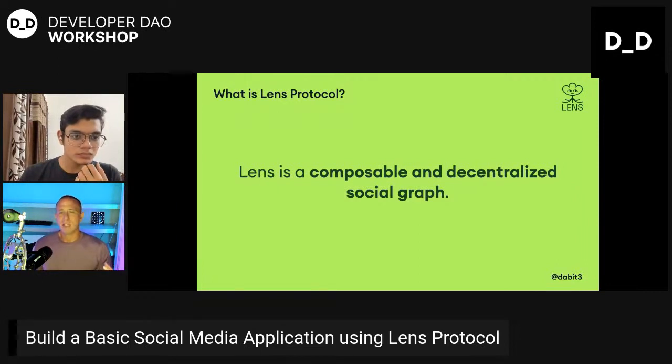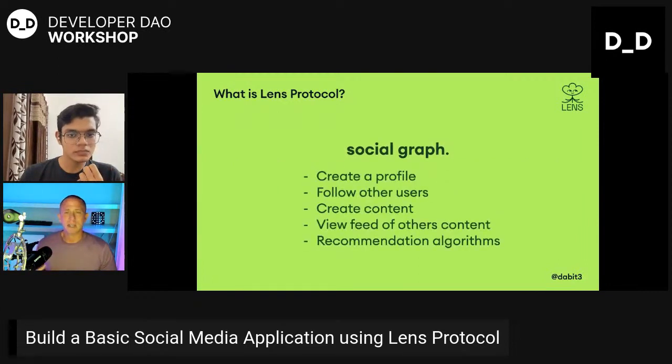A social graph is an application that allows users to do the things that we're probably used to doing in most of the widely used applications today, be it a social media app like TikTok or Instagram, or even something like YouTube, or believe it or not, even things like Stack Overflow and GitHub, where we create profiles, we follow other people, we create some form of content, we can view a feed of that content, and then a big part of this is the recommendation algorithm.